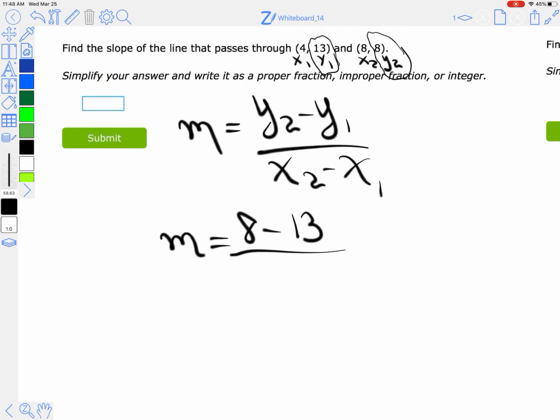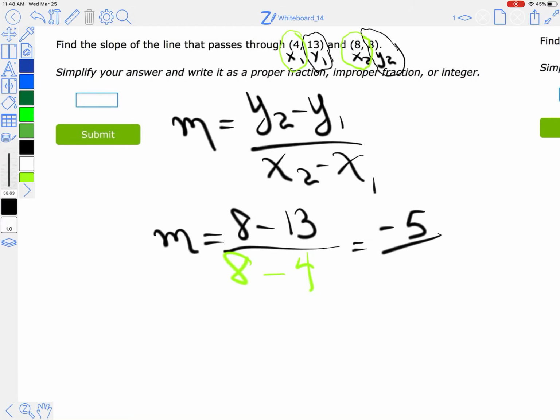You can see that x2 value now is 8 also, and then minus x1 is my 4. 8 minus 13 is going to be a negative number, negative 5, over 8 minus 4, which is just 4.